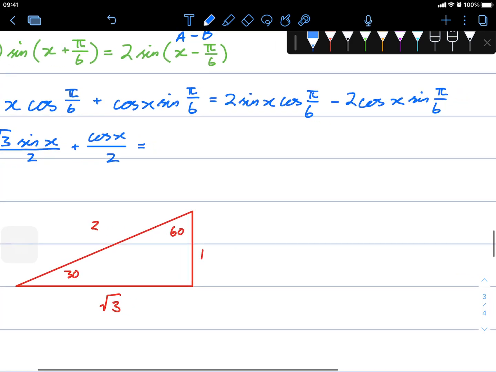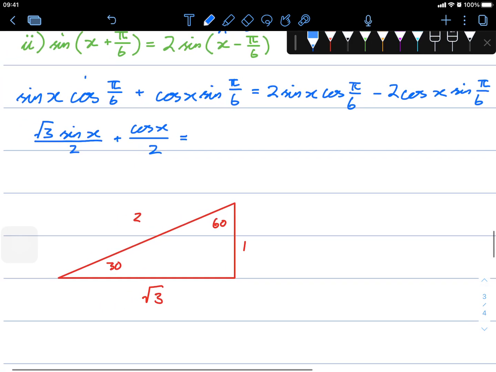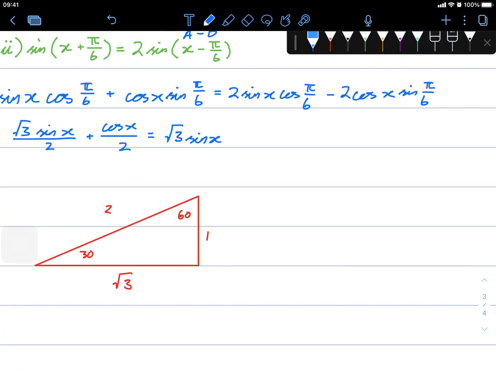Equals cos pi on 6, we've already seen, is root 3 on 2. So sine x times root 3 on 2 times 2. So those two will actually cancel. So sine x times root 3, we can simply write as root 3 sine x. Same case for this.